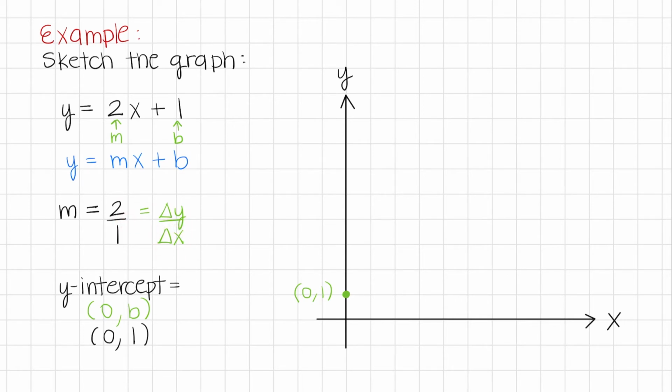So we would start at the point we already know is on the line, our y-intercept. So let's start at (0, 1), and move positive 2 in the y direction, 1, 2, and positive 1 in the x direction, 1. And that's where we can plot our point. And now we can draw our line through those 2 points. And that is the graph of the line y equals 2x plus 1.